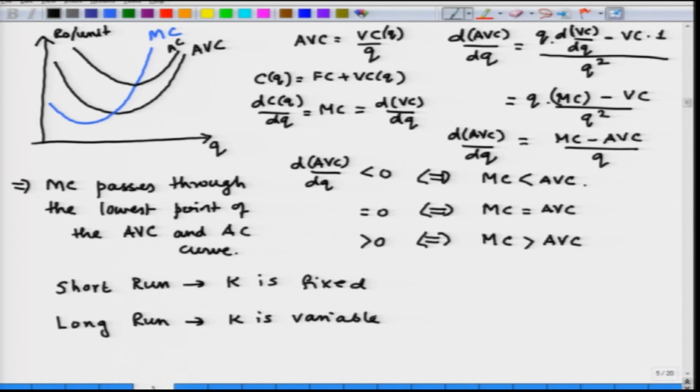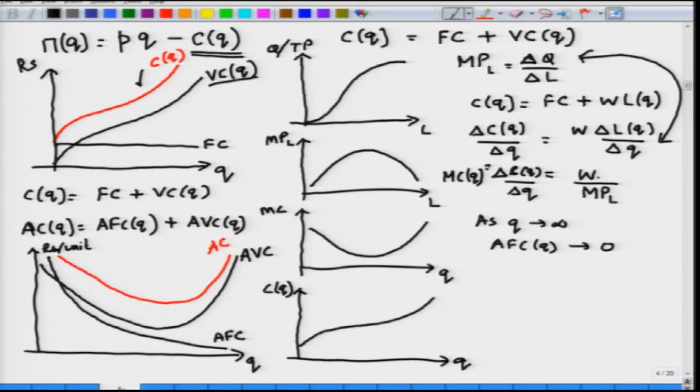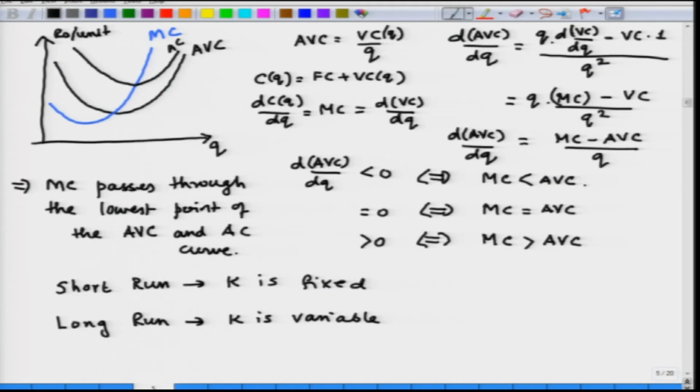As I move from the short run to the long run, for each level of k we will have a cost curve that takes this particular shape. Now we want to ask, as I keep changing my capital level, as I move from different short runs, what does my long run cost curve look like?